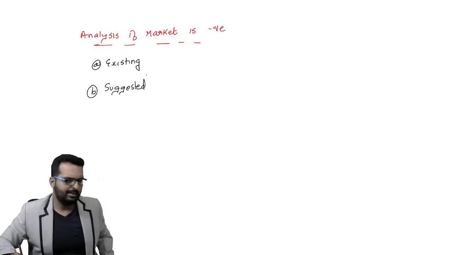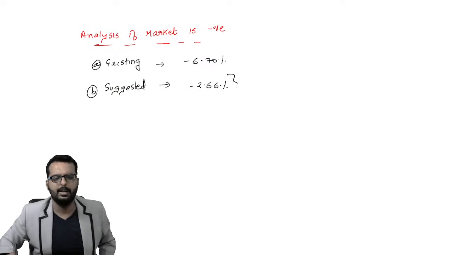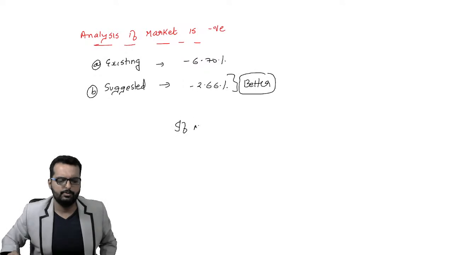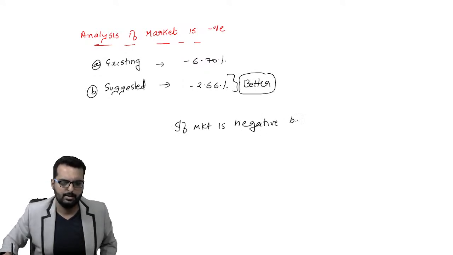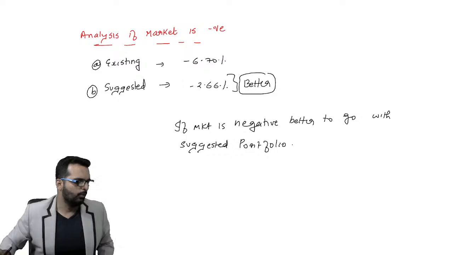I think you get the answer as over here you get minus 6.7%, but in the suggested portfolio you get minus 2.66%. So can I not say that suggested portfolio is better? If market is negative, better to go with suggested portfolio.